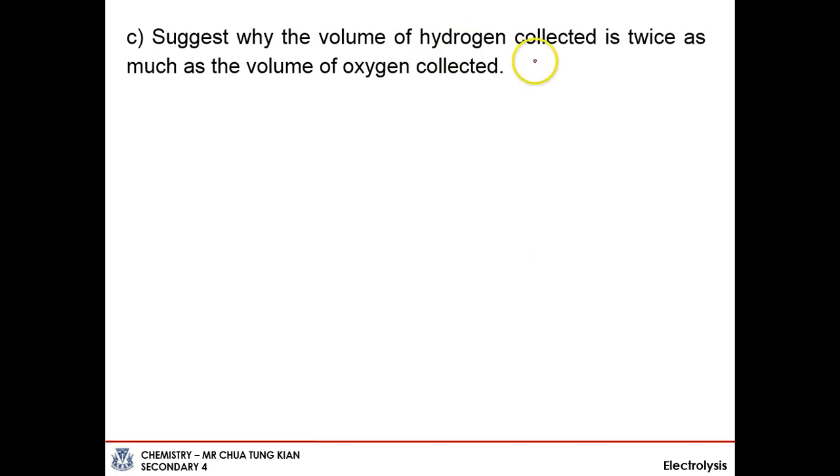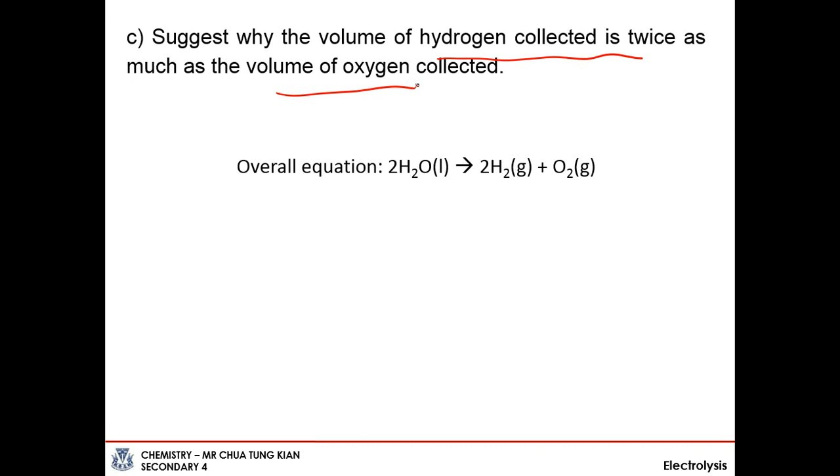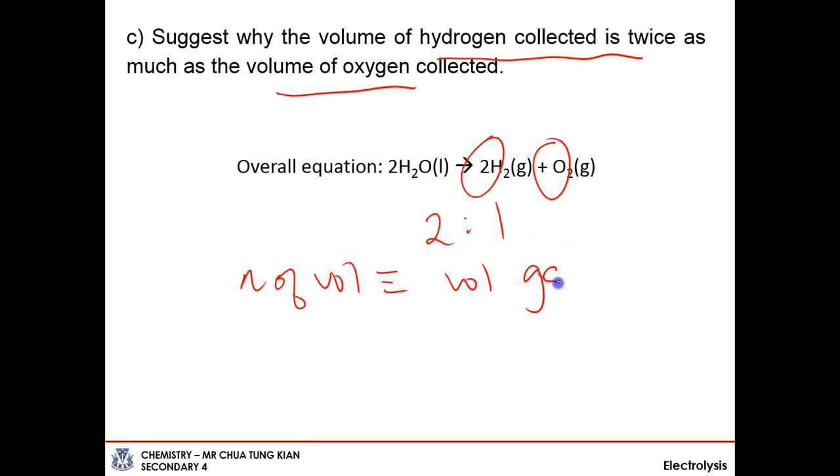And this one, why is the volume of hydrogen collected twice that of the oxygen collected? So as mentioned earlier, overall reaction, 2:1 mole ratio. Number of moles of gases, if you recall, is equivalent to the volume for gases only, right?